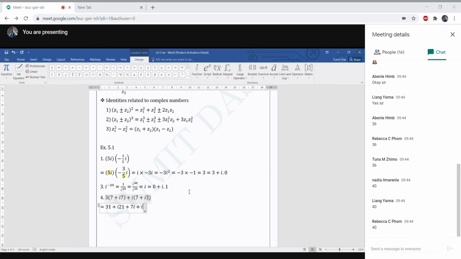So it will be 21 plus 3i plus 7i plus i square. If you add 3i and 7i, it will be 10i, and i square means minus 1. If you simplify this, it will be 20 plus 10i. This is as simple as that.